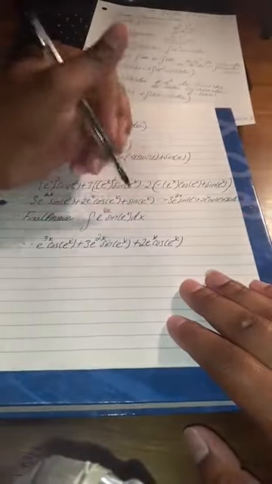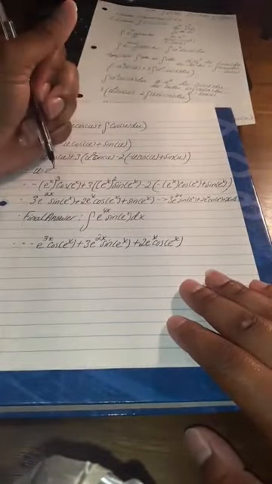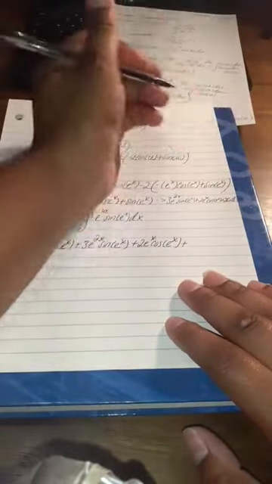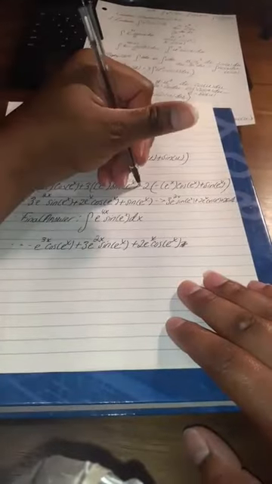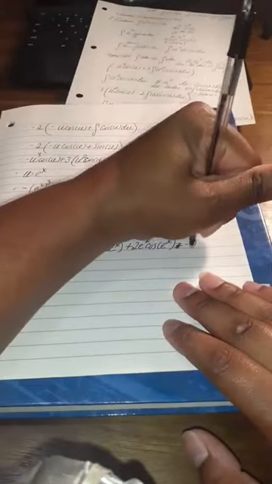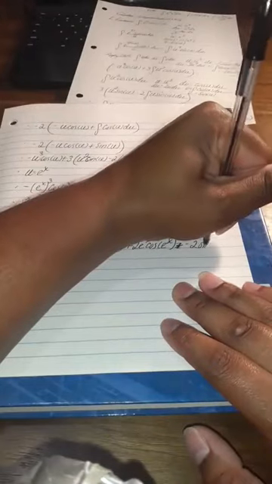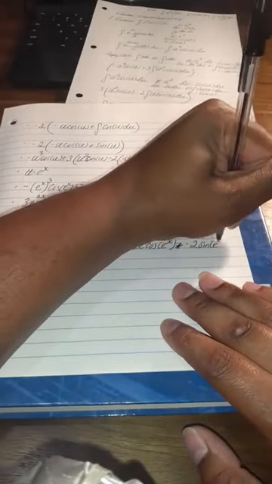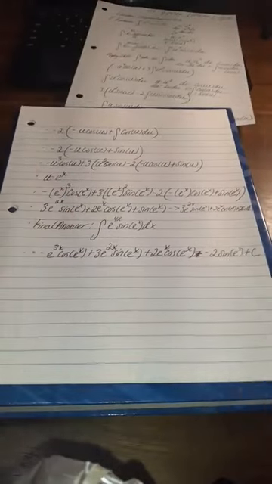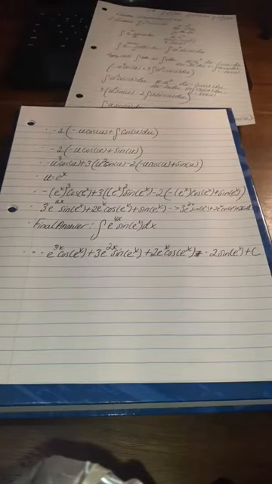So this would be plus 2e to the x cosine of e to the x. And this would actually be minus, because we've got a negative sign there. So this would be minus 2 sine of e to the x, and then we do have to add a plus C.